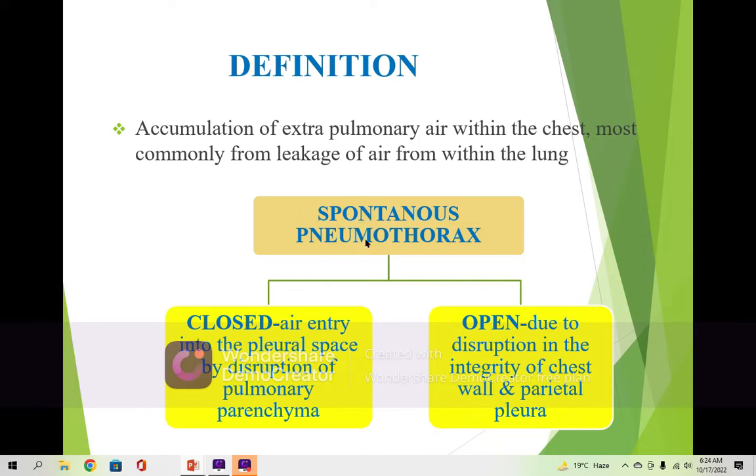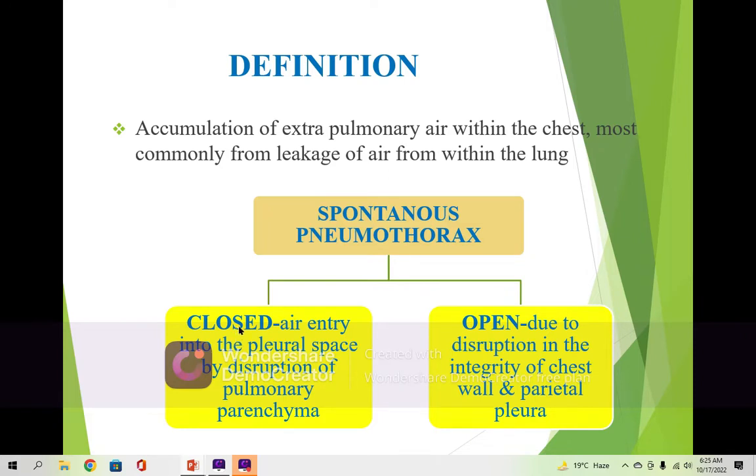Now, spontaneous pneumothorax is actually of three types. Here it is written two types. One is open, due to disruption in the integrity of the chest wall and the parietal pleura, or rupture of the visceral pleura, with air entering the pleural space. Or it is the other way: there is a hole made by an injury directly penetrating the chest wall, and environmental air enters the pleural space.